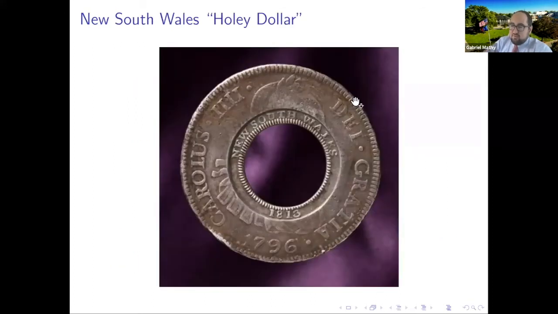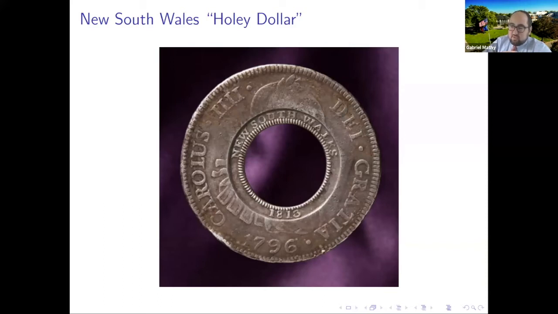So my favorite way to address this is the New South Wales Holey dollar. This is not the unholy dollar, but the holey dollar. So Australia is not unified yet. There are several colonies. And in New South Wales, they're suffering the same kind of outflow of specie. This is a Spanish coin, a Spanish real.